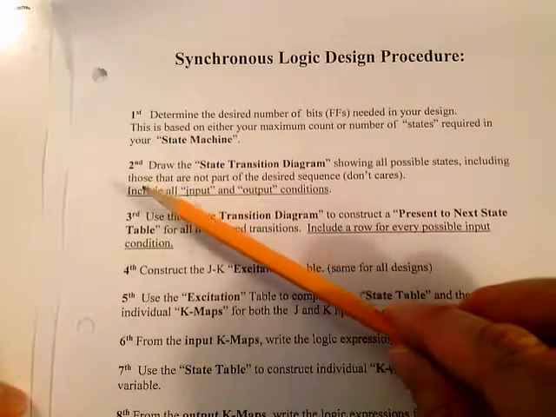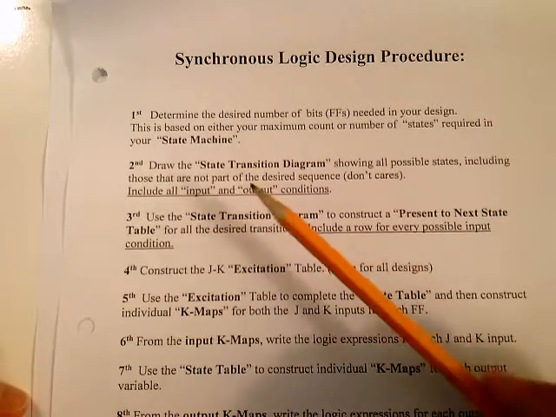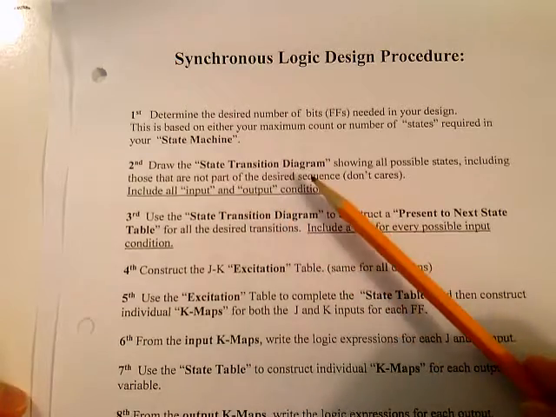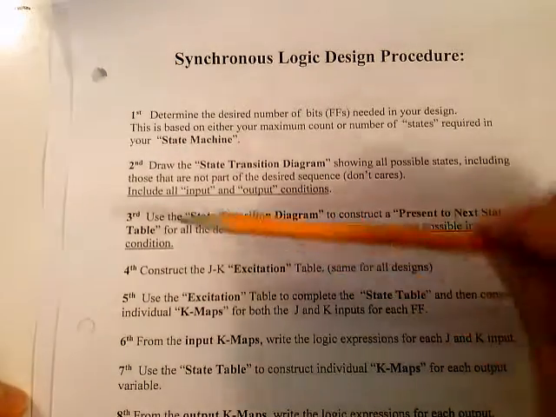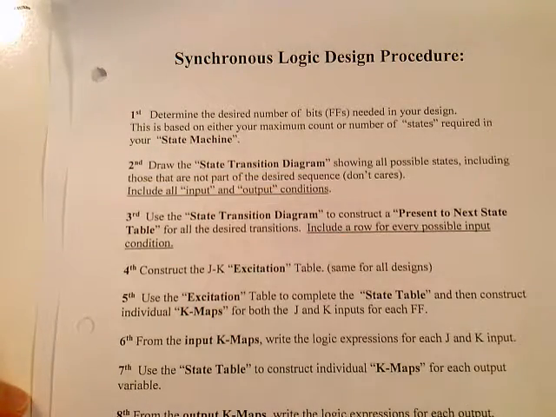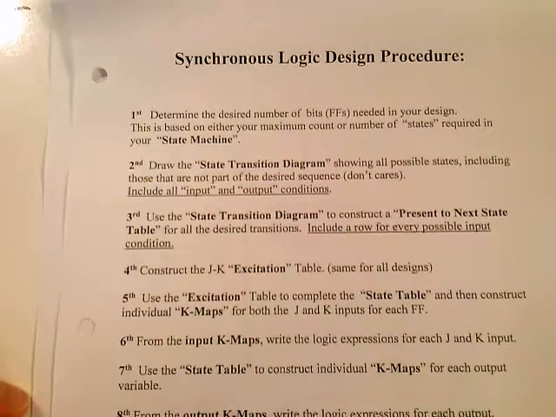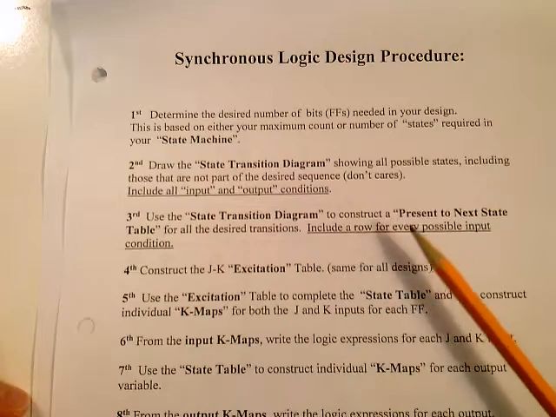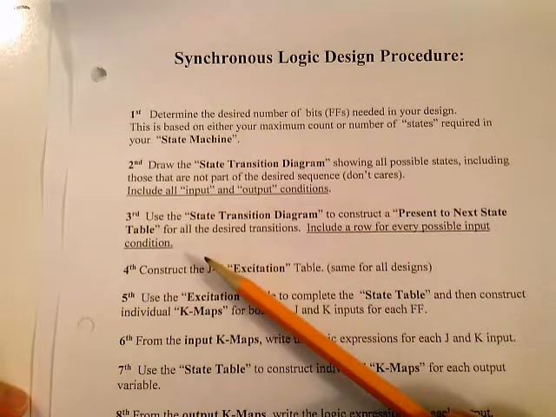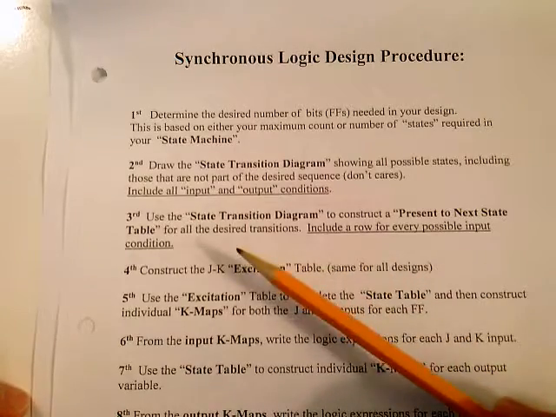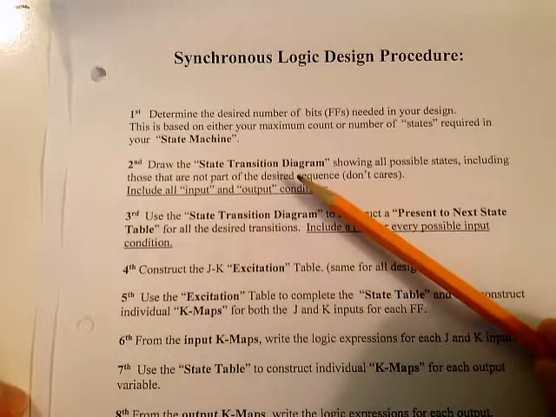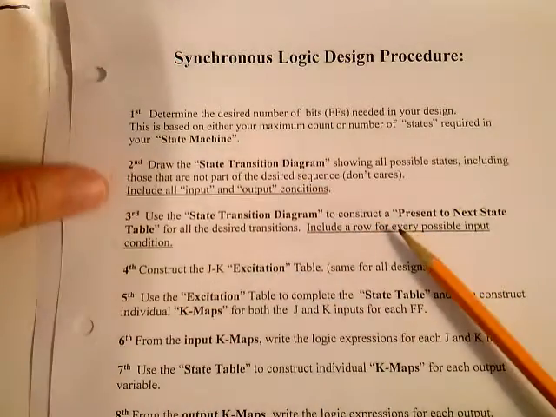Step number two said you come up with a state transition diagram, and I told you that once you get that state transition diagram, it's all procedural right through the realization of your design. But in the third step, you wanted to construct a present state to next state table. Well, you create that table from your transition diagram, but I'm going to look a little closer at the present to next state table.